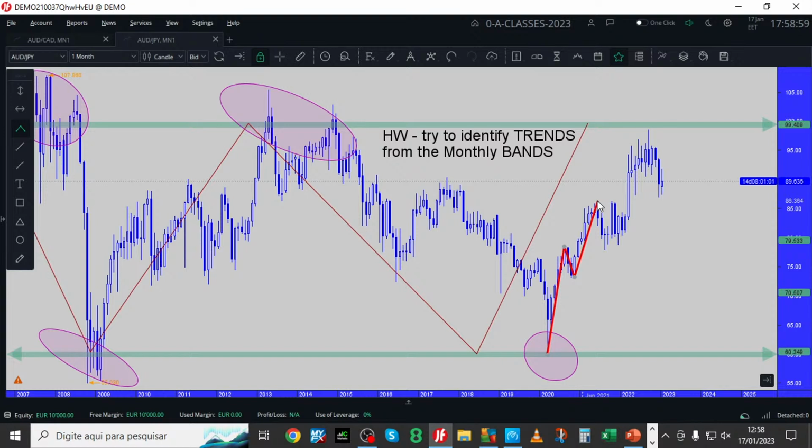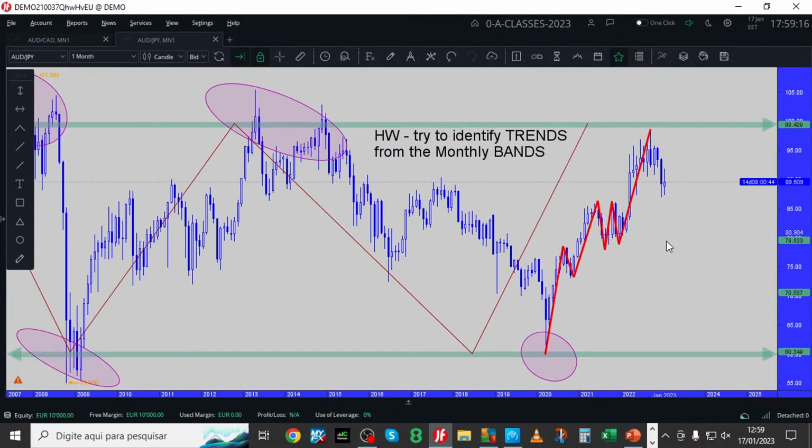We've learned what is a high, we learned what is a low: low to high, high to low, low to high, high to low. Okay, try to identify trends from the monthly bands.